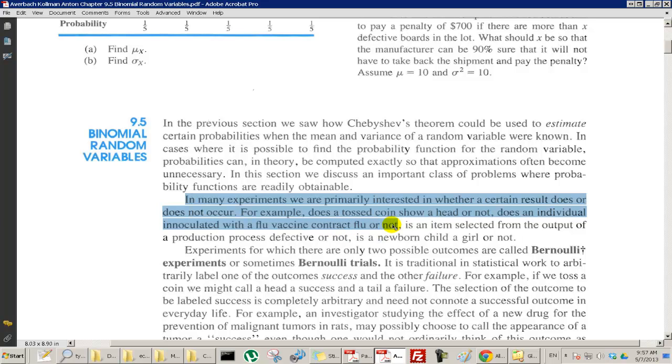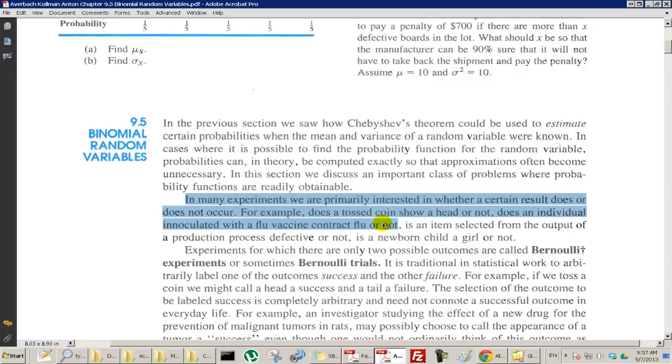So here's another example. We give vaccines to 20 people, and we count how many of them don't get sick, and we can say that each person is like a coin toss. If they get sick, we could call that heads, and if they don't, we could call that tails, or vice versa.